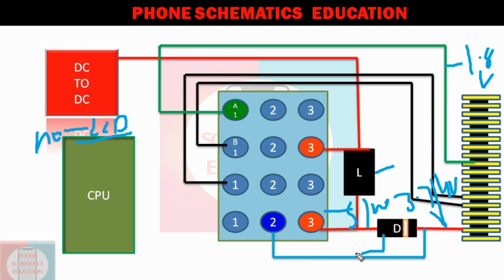So most technicians get stuck here if they get 3.7 volt on the anode line and CABC is also okay. Even they replace this IC with a new one, they replace the coil also, they replace the diode also. Everything replaced, but the fault still remains the same. There is no light.